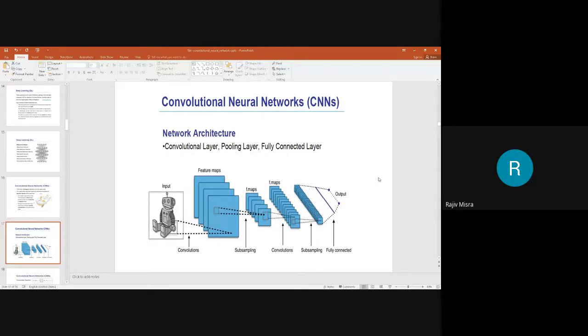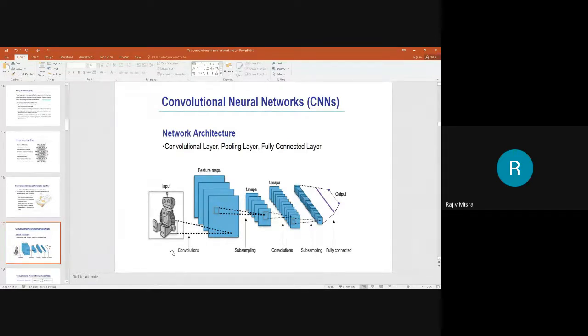So take this example here. There is an input image, and from the eye, you can immediately see that this is the picture of a robot. But for a computer to understand that this is the image of a robot, it has to first understand the edges involved in identifying this object, which is called a robot.